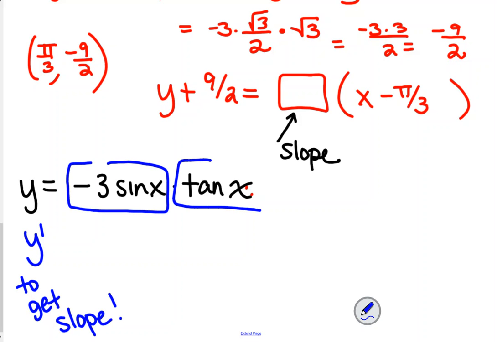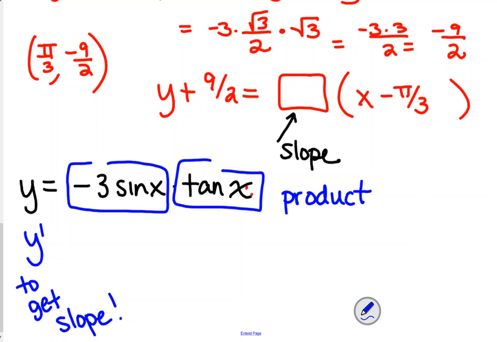This is a product. So as I write my derivative, I am going to have to follow the product rule. It always feels a little scary when there are 3 pieces in that product.